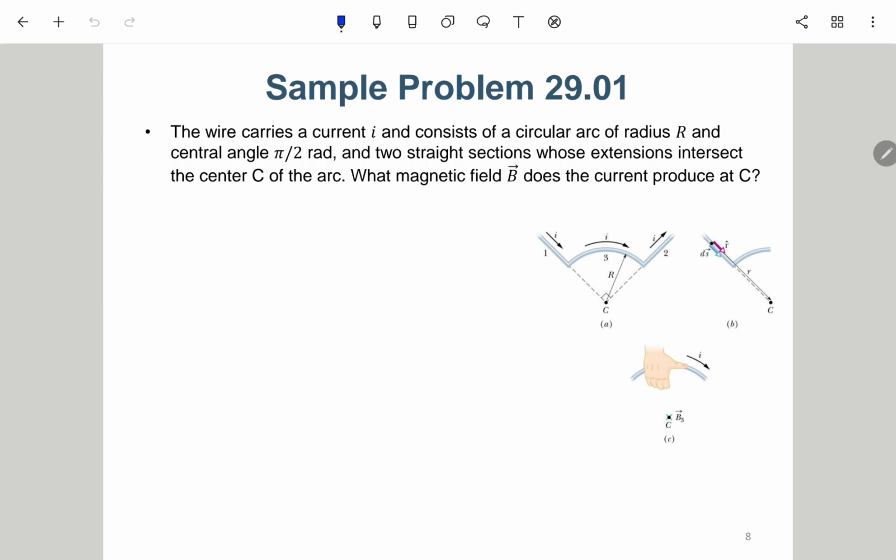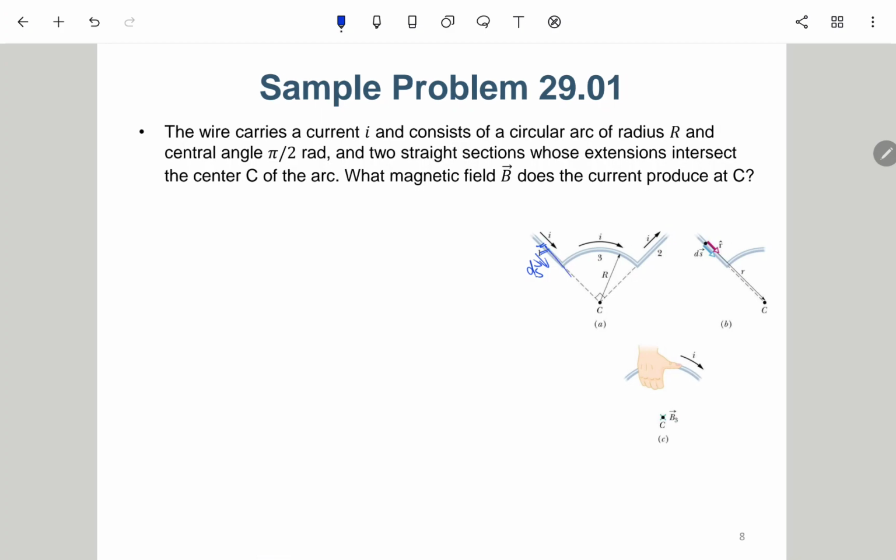Okay, so here we clearly can see that this segment will not generate any B field at point C because, suppose we cut out one segment of dS. dS is essentially pointing in this direction, and r is actually in this direction, and so r hat also points in this direction.